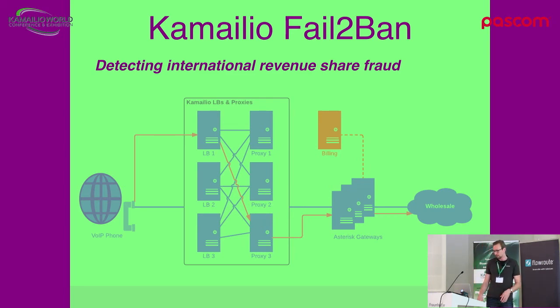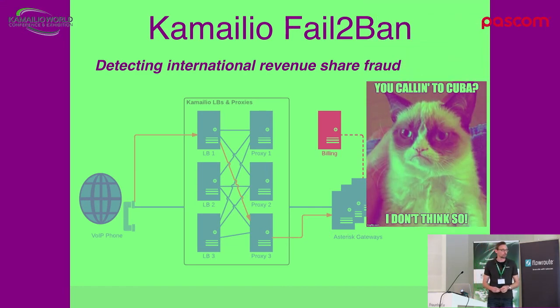Now, what happens if you do that with a Cuban number? Then it goes to the gateway, the gateway asks the billing, and then billing says no. That's basically good, at least for this one call.